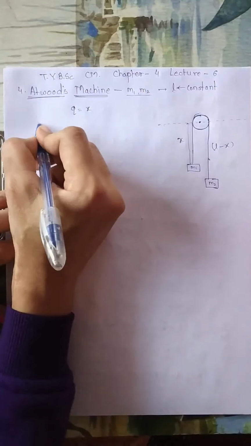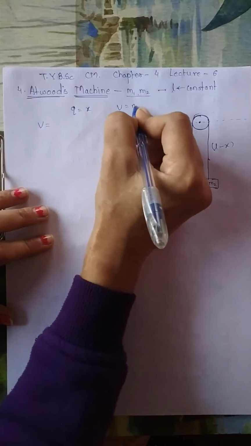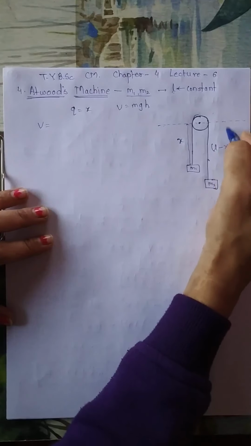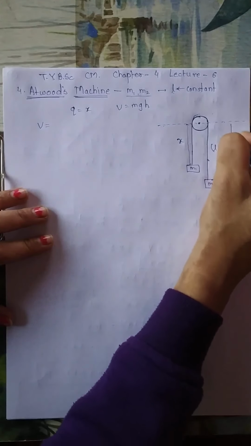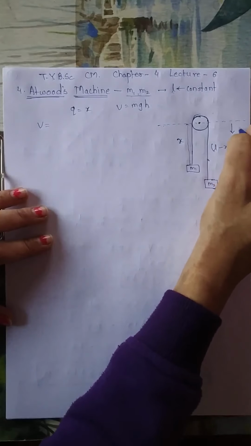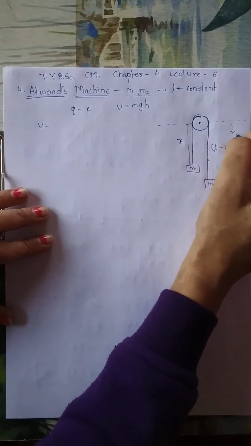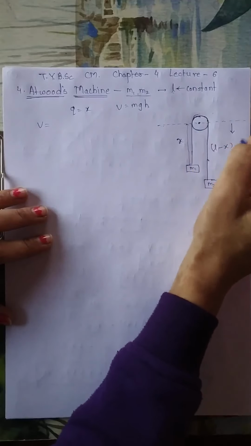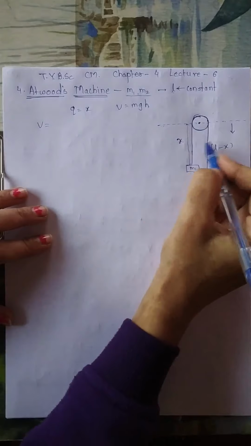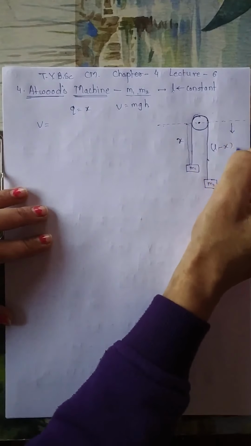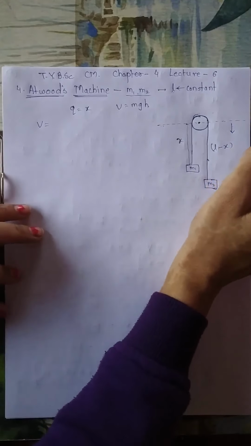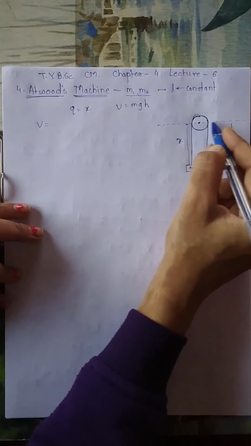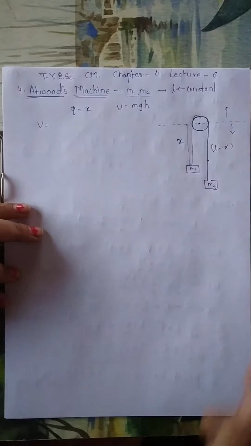Now the potential energy, with reference to the point of suspension for these two masses, is in general mgh. This is the reference line and the masses are below it, in the downward direction. Therefore this height, this length, we take as negative, because this is the negative direction according to the coordinate system. So this is the negative x-axis, and above this there is the positive x-axis.